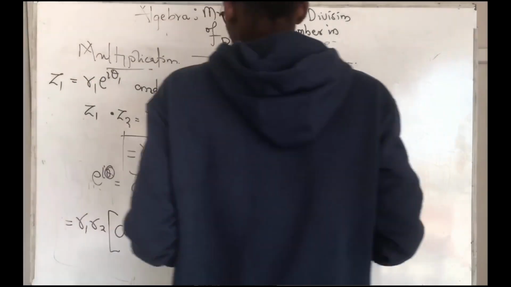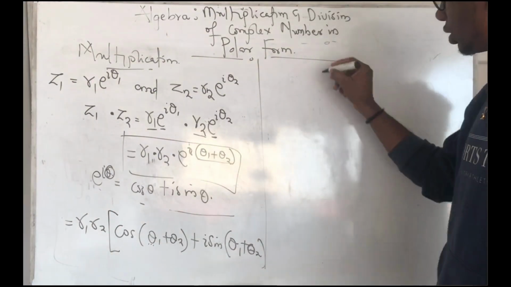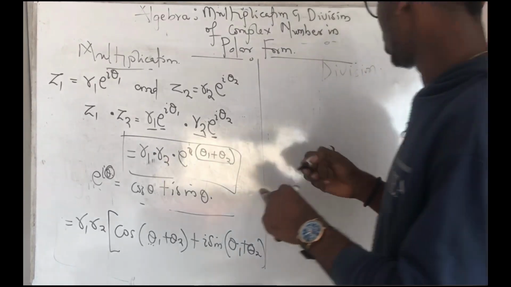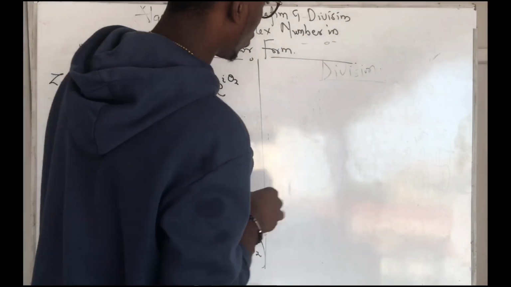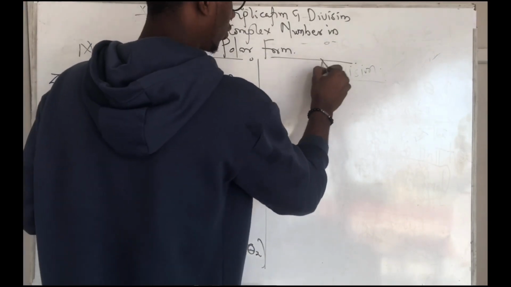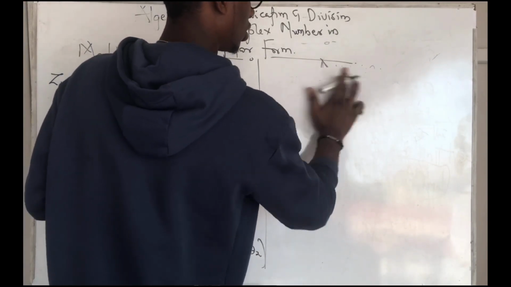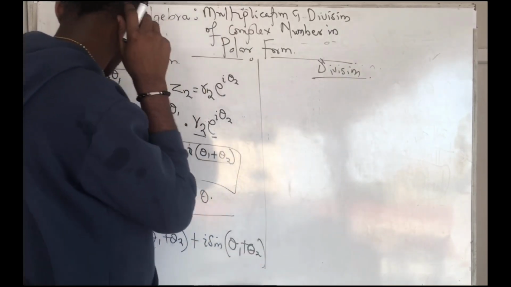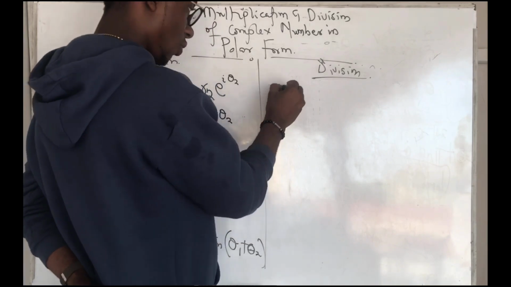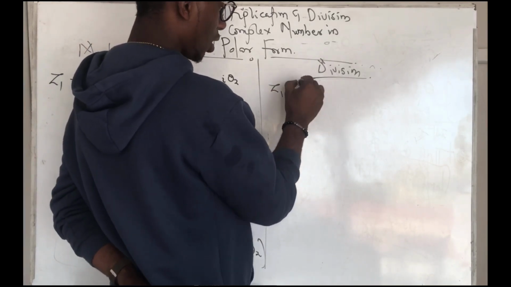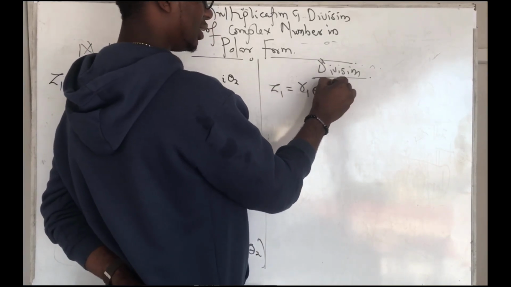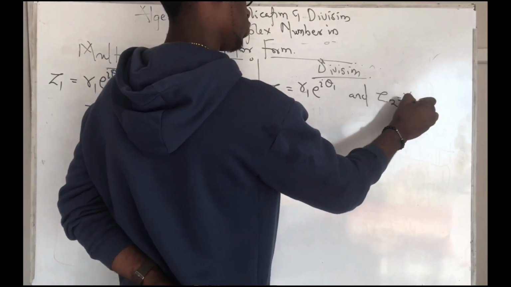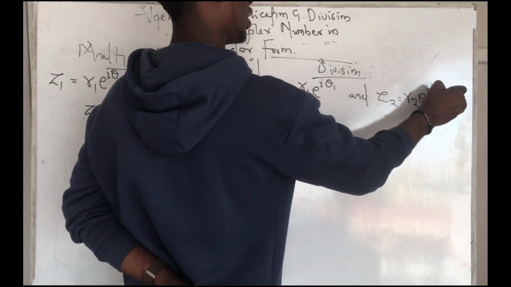All right, so let's look at the division. Sorry, the marker is not working well. With the division too, assuming z1 is equal to r1 e^(i theta 1), and you have z2, which is equal to r2 e^(i theta 2).